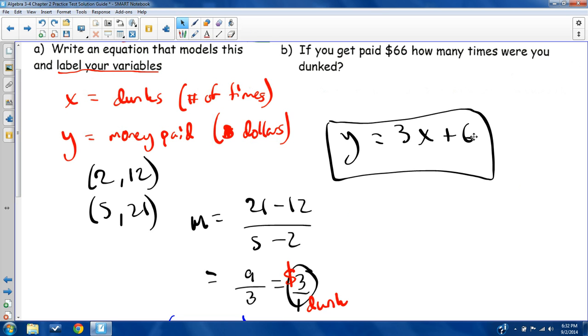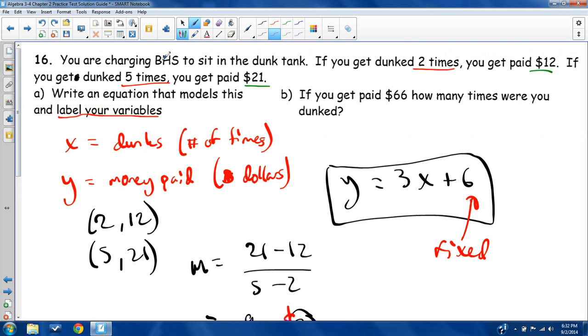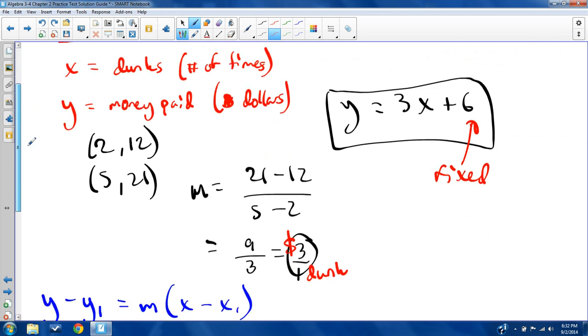So what does this 6 have to do with anything? Remember that fixed amount thing we were talking about? Remember when BHS kind of hired you to do this? You're charging BHS to sit in the dunk tank? So what that means here, let's plug in 0 for x. If I get 0 for x, I'll get 0 for this whole thing, so y will equal 6.